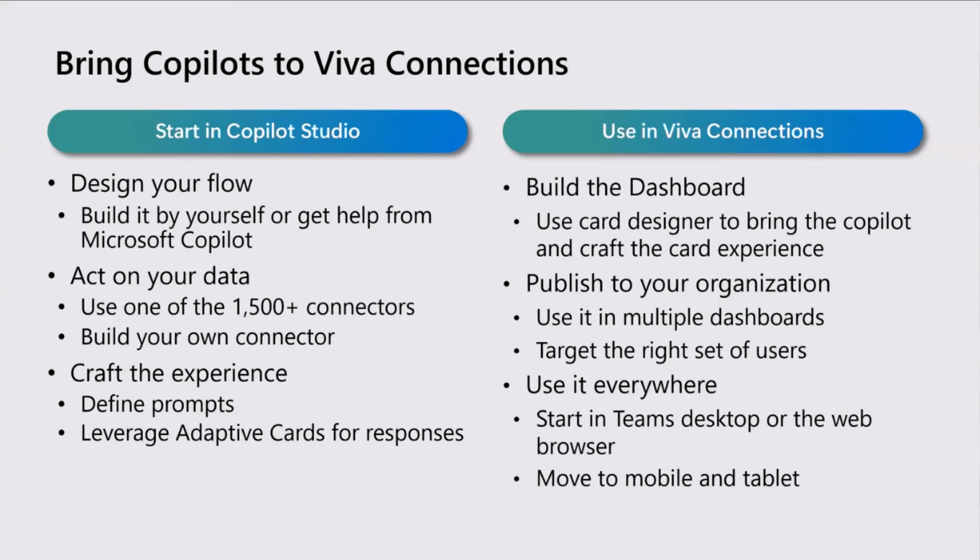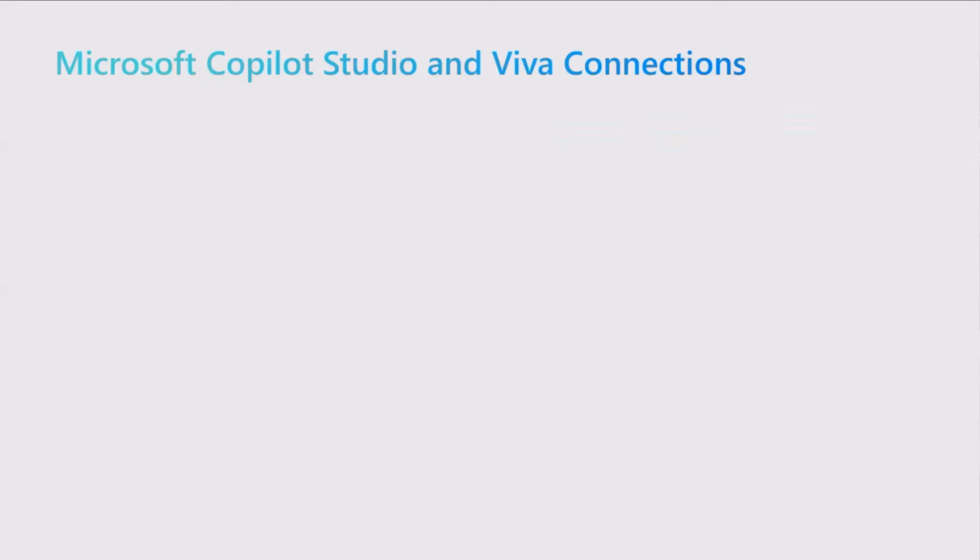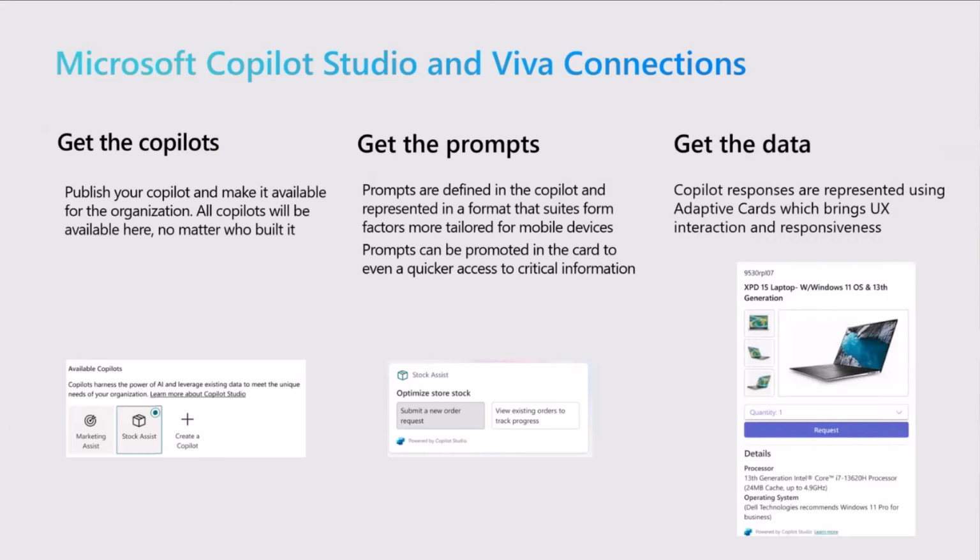So what you will see, Nick, if you can click one more time, please. Thank you very much. In Card Designer, you will see all the Copilots that have been published for Viva Connections. You will be able to connect to Copilot Studio, and in the card you can promote some of the prompts that you defined in Copilot Studio in the card view itself.